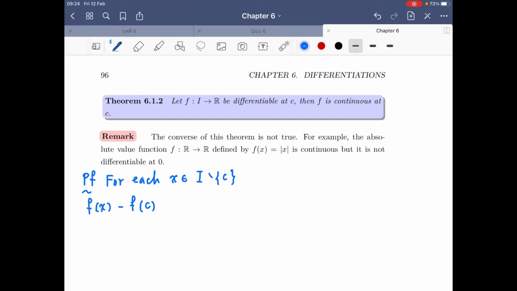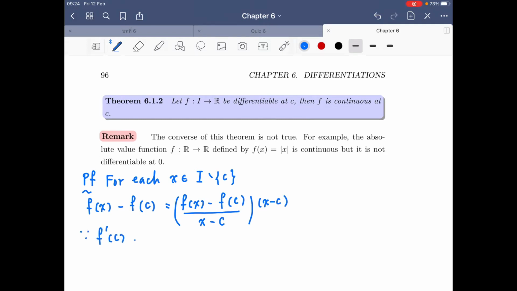But actually this is the same as the quotient of f of x minus f of c over x minus c, multiplied by another x minus c.